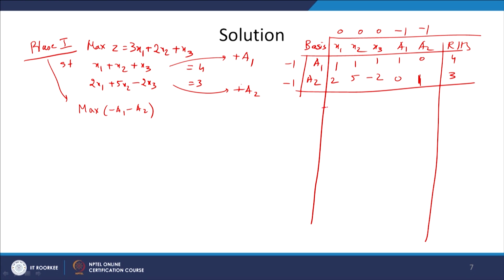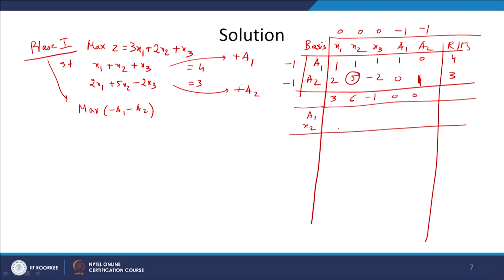Then we need to calculate the deviation entries, which come out to be 3, 6, minus 1, 0 and 0. And you can see that 6 is the largest, and according to the minimum ratio test 5 becomes the pivot. So, we need to apply the elementary row operations accordingly, and our new basis will become A1 and x2.